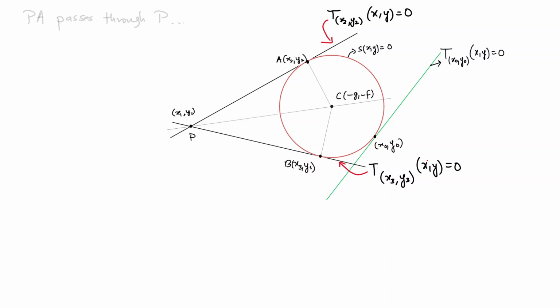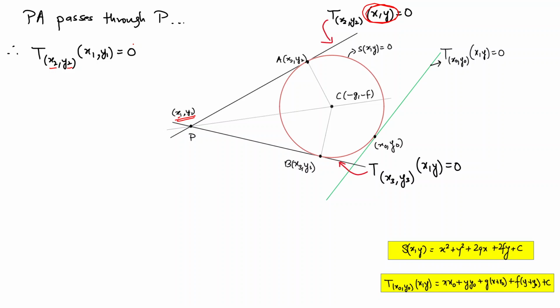Now, this tangent PA passes through P, so therefore you will have T(x2, y2), and here for (x, y), if you put (x1, y1), this point (x1, y1) will satisfy this equation, so this will be equal to 0. And just take a look at this T expression right now. We are putting (x2, y2) in place of (x0, y0), and you are putting (x1, y1) here.